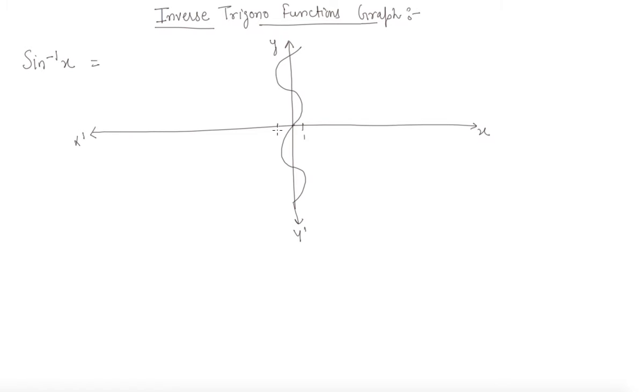This is 1, this is minus 1, this is pi by 2, and this is 3 pi by 2. This is minus pi by 2 and this is minus 3 pi by 2. So this is the graph of y equals sine inverse x.